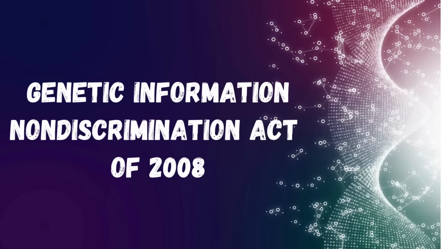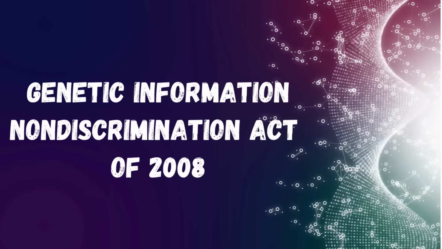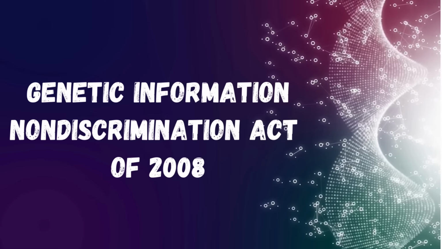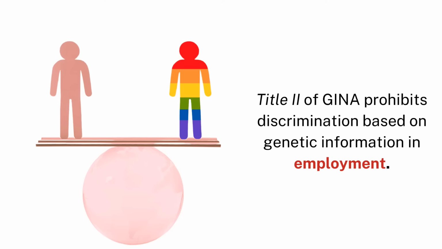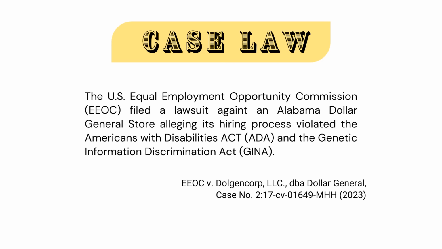So let's look at the Genetic Information Non-Discrimination Act of 2008. Title I of GINA prohibits discrimination based on genetic information and health coverage. Title II of GINA prohibits discrimination based on genetic information in employment. So let's look at the case law. In EEOC versus Divulge Corp.